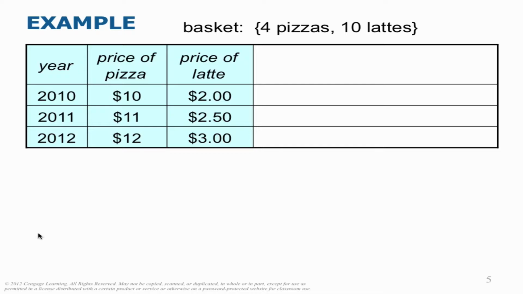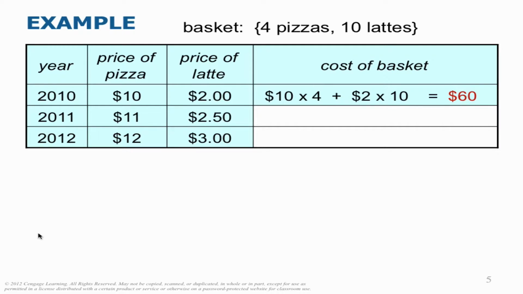So what is the cost of your market basket in 2010? No, not $12. How many pizzas and lattes are in your market basket? So $40 for pizza and $20 for lattes, so the total cost of your market basket in 2010 is $60.